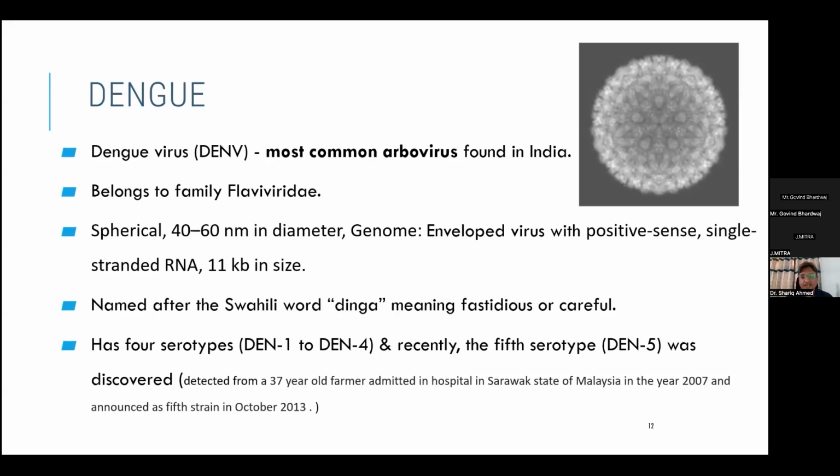After extensive study, in October 2013 it was renamed as a 5th serotype of dengue virus, separate from DEN4. So now 5 serotypes of the virus are circulating: DEN1, DEN2, DEN3, DEN4, and DEN5.